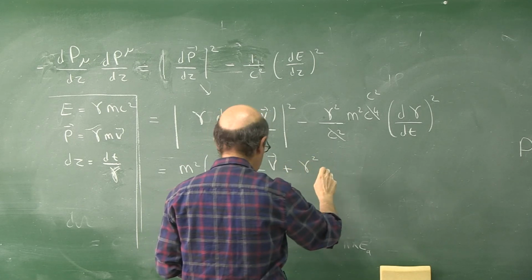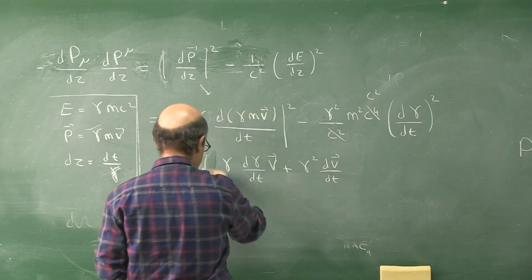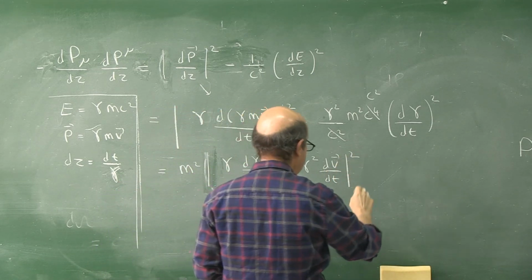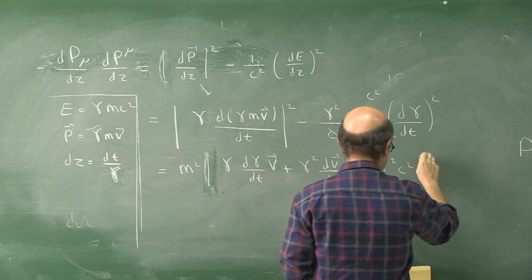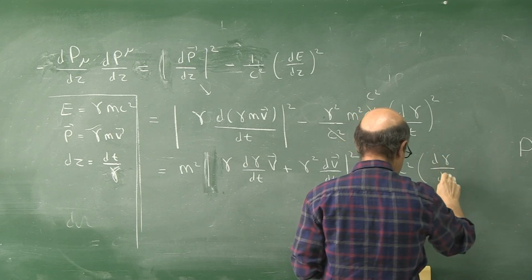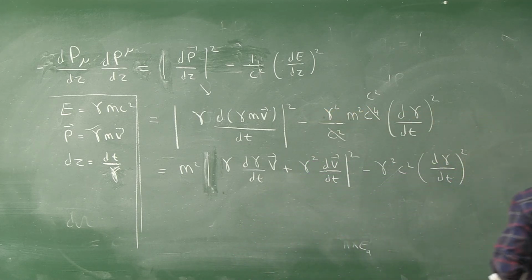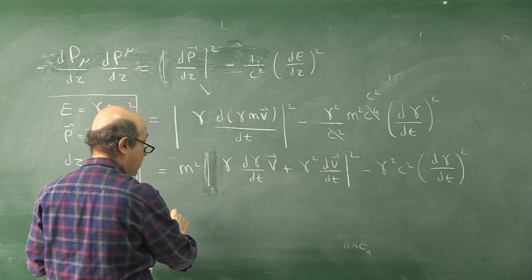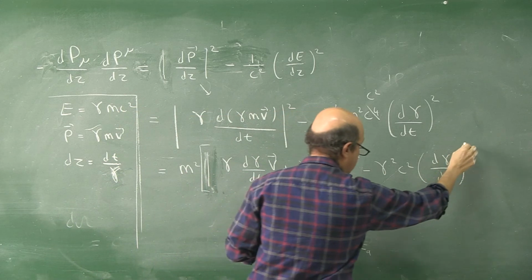Gamma times gamma is gamma squared dv over dt. Then we should take the absolute square of this minus gamma squared c squared d gamma dt squared. So let me continue.